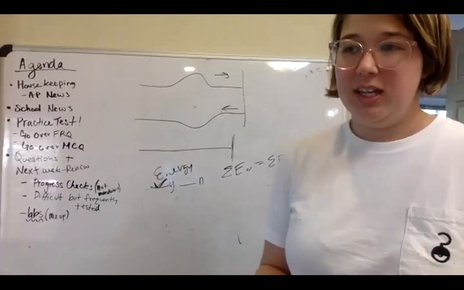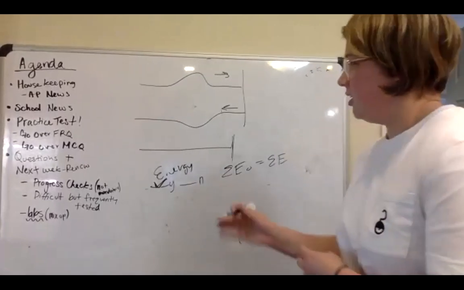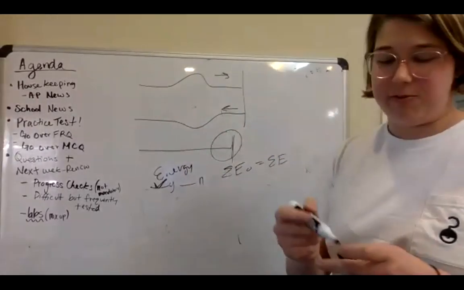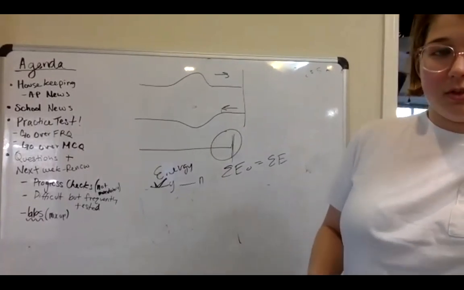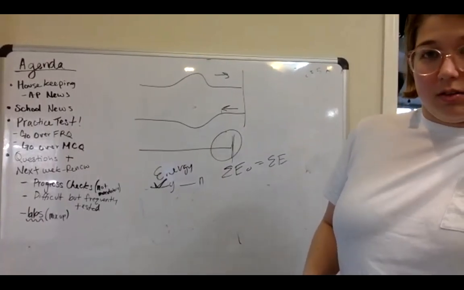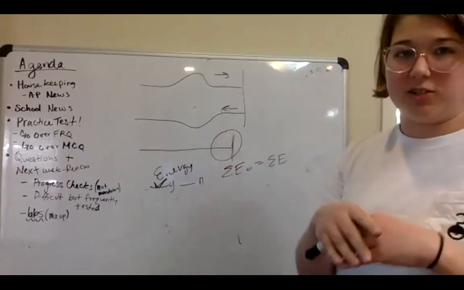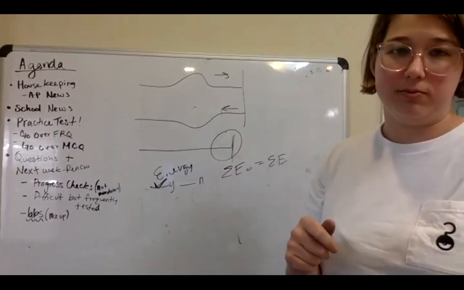Or, if you remember watching the waves, we have our wave moving. When it does this, does it seem to happen fast or slow? When we see that destructive interference, does that interaction happen very fast or slow?